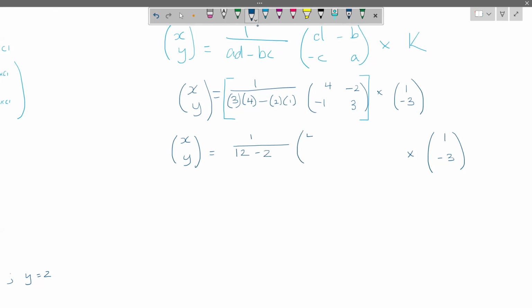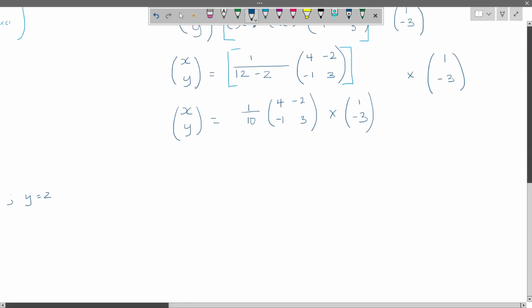Nothing changing with this for now. We're still inside of the square bracket here. Twelve minus 2 would give me 10. This not changing, so I write this back. This not changing, so I write this back.